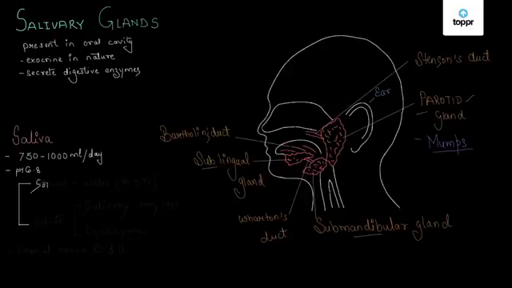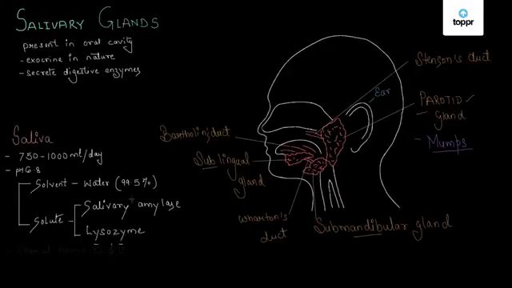Saliva is divided into two major compositions. The first one is the solvent, which is majorly comprised of water, almost 99.5% of our saliva. The second is the solute, and these solutes are again divided into two parts. These are the salivary amylase and the lysozyme. The salivary amylase is also called ptyalin, and it is a starch digesting enzyme.